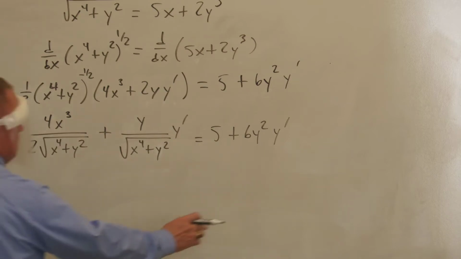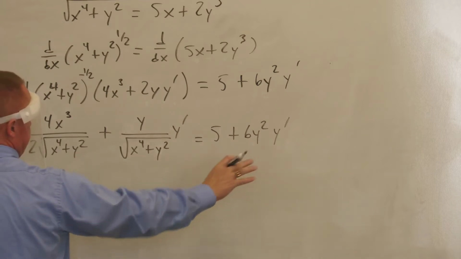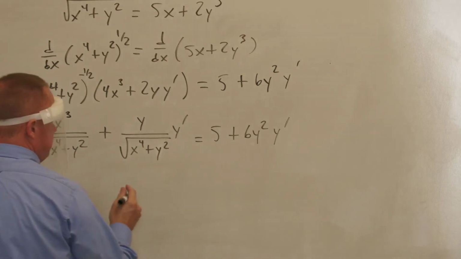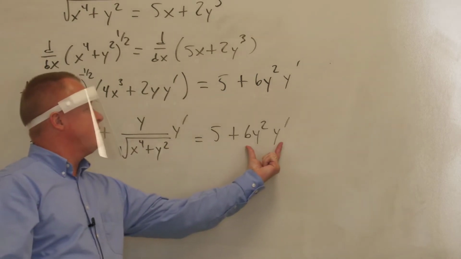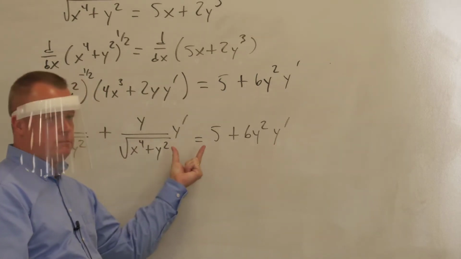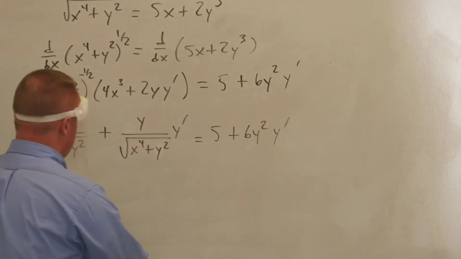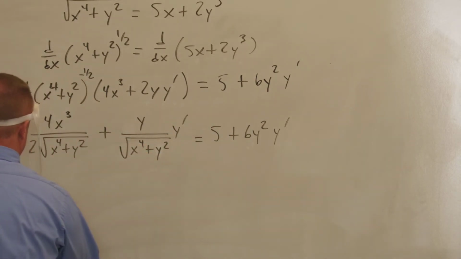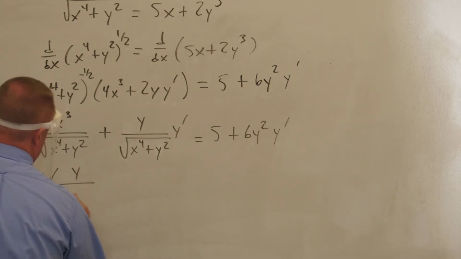Now we'll move this over here and move this over there. So I'm going to do two steps. I want to subtract the 6y squared y prime and go ahead and factor out the y prime at the same time. So I will end up with this on the left.